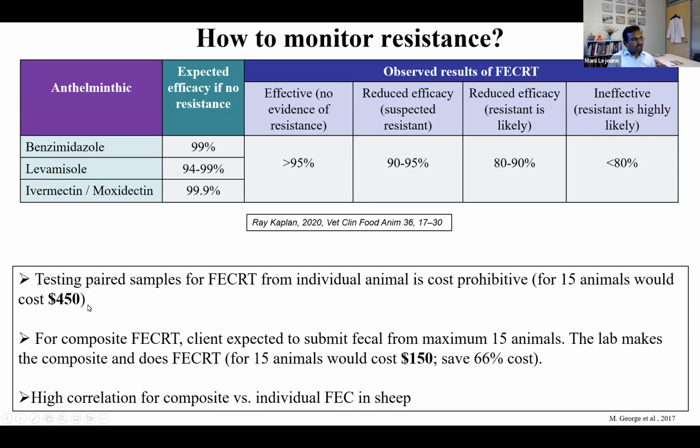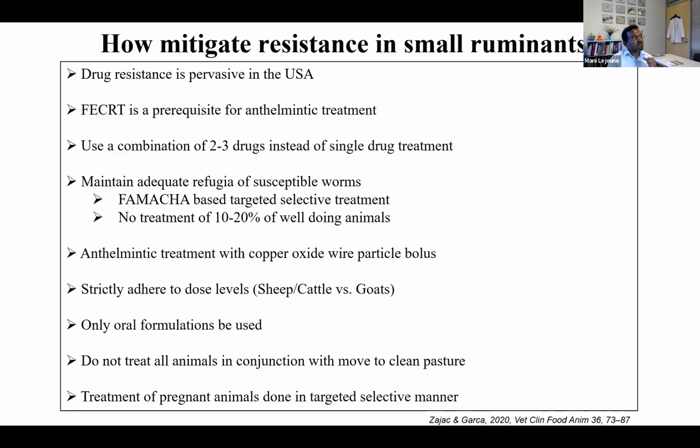I know it is expensive, but if you do a composite fecal, pooling samples from 15 animals on day 0 and the same 15 animals on day 14, and doing this comparison, there are studies showing that it is a valid test. In that case, the cost can be considerably reduced. So that's where we are getting at. Hopefully in the near future, our lab would offer tests for composite fecals.